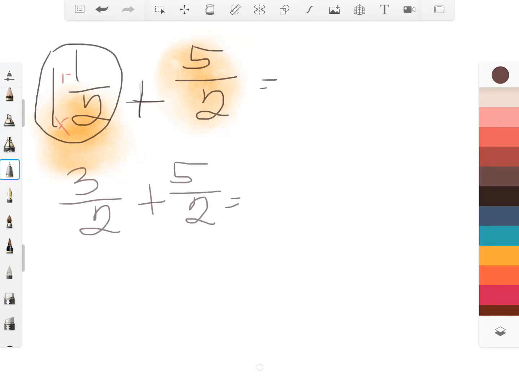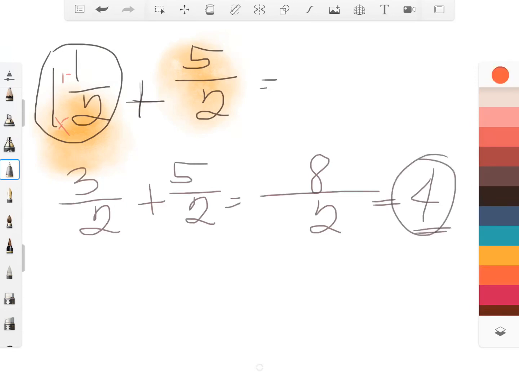And again, just do the process of adding similar fractions by copying the denominator and adding the numerators. So 3 plus 5 is 8. And of course, we can still reduce this into 4, because 8 divided by 2 is 4.